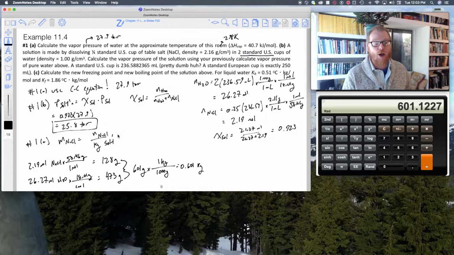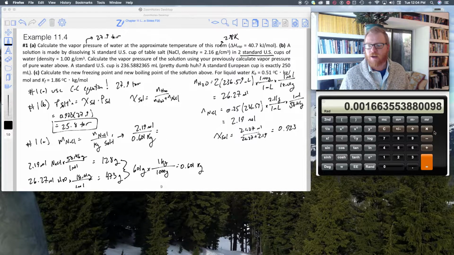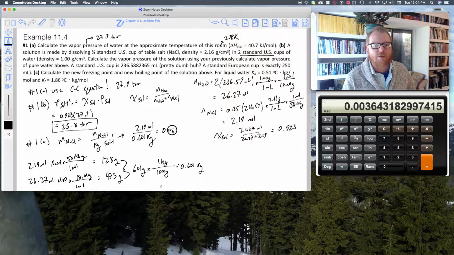So my NaCl molality is going to be 2.19 moles of NaCl divided by 0.601 kilograms of solution. So I get my molality to be 0.00364 molal.